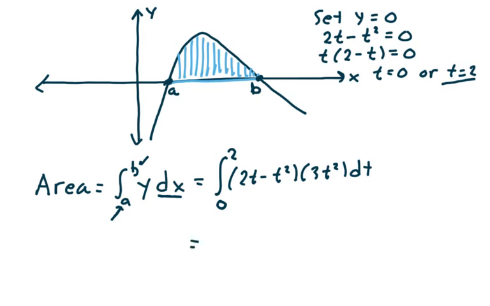Well, this is the integral from 0 to 2 of 6t to the third minus 3t to the fourth dt. So let's go ahead and rewrite that over here.